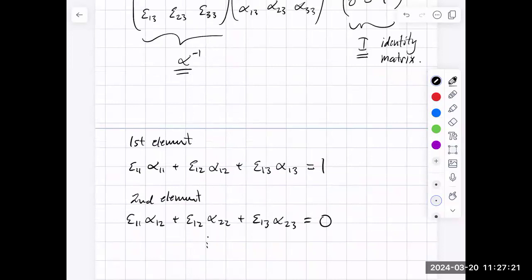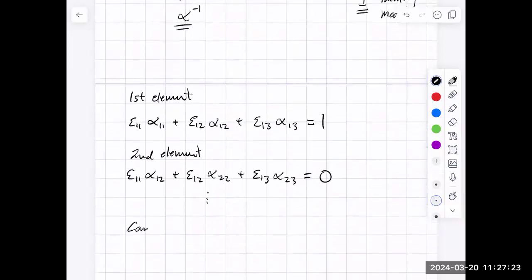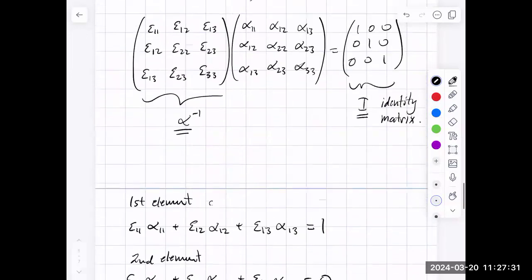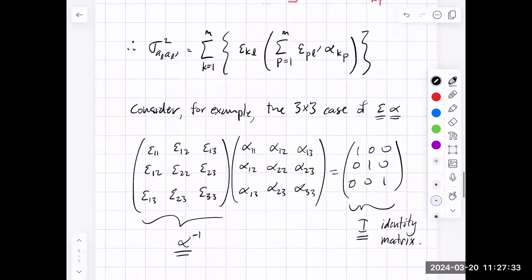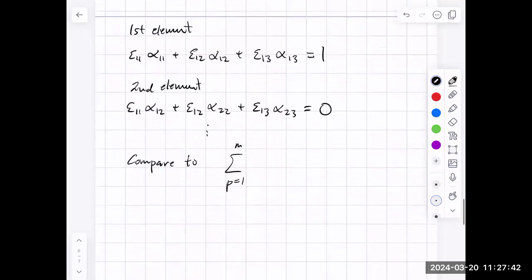All right. So I want to compare to the sum that we have: the sum from P equals 1 to M of epsilon PL prime alpha KP.